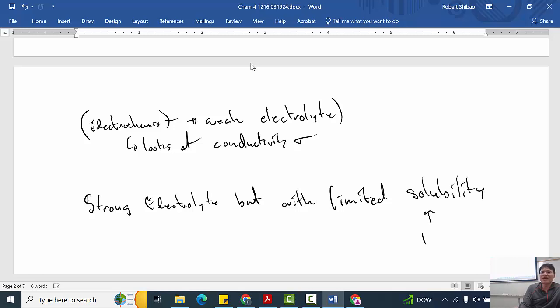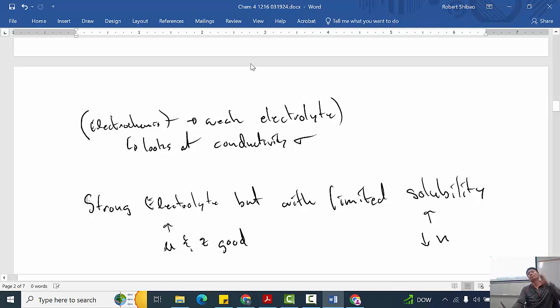Limited solubility means N is low, but a strong electrolyte means mu and Z is good. And so the reason it doesn't conduct very well is because of the limited number of ions that form.